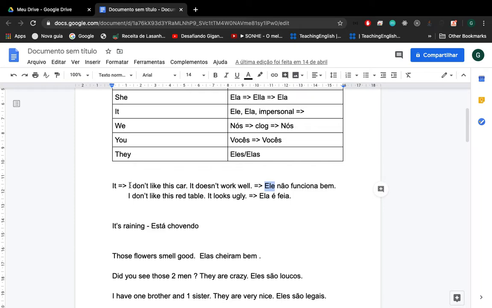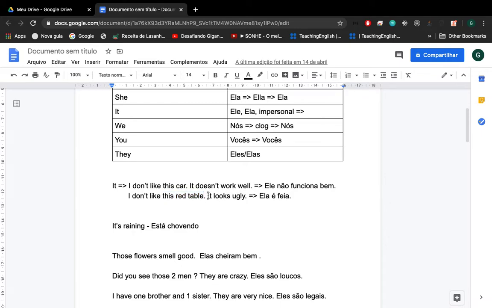Again, another example with "it." If I say, "I don't like this red table. It looks ugly," when I say "it," I'm already referring to the red table that I mentioned before. Now, table is female in Portuguese.